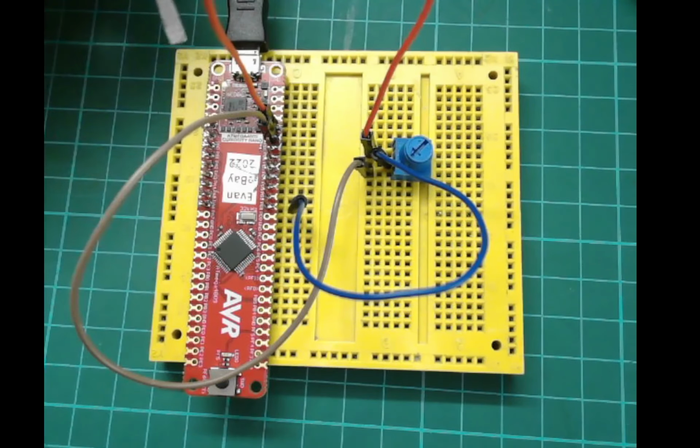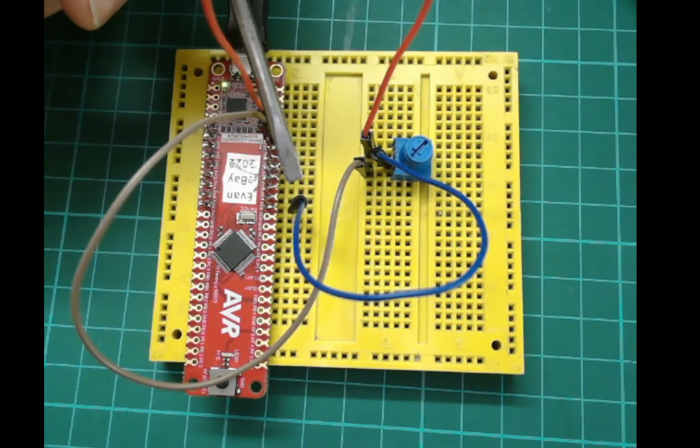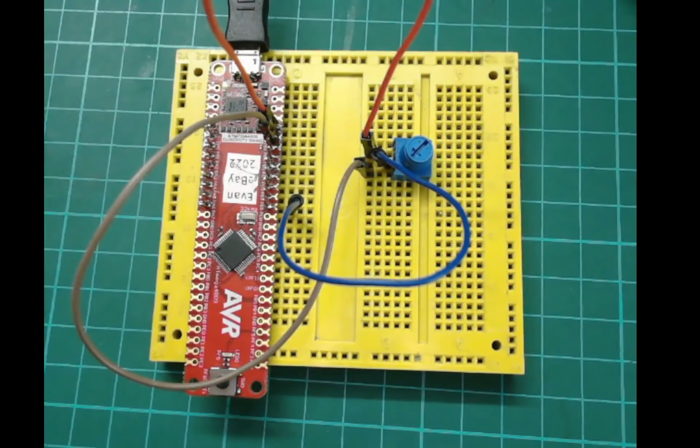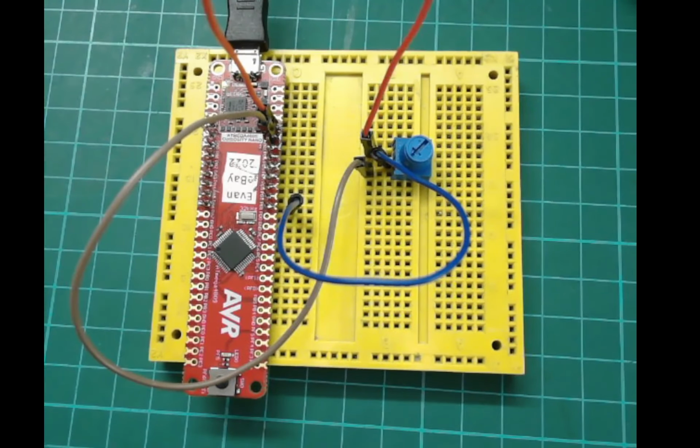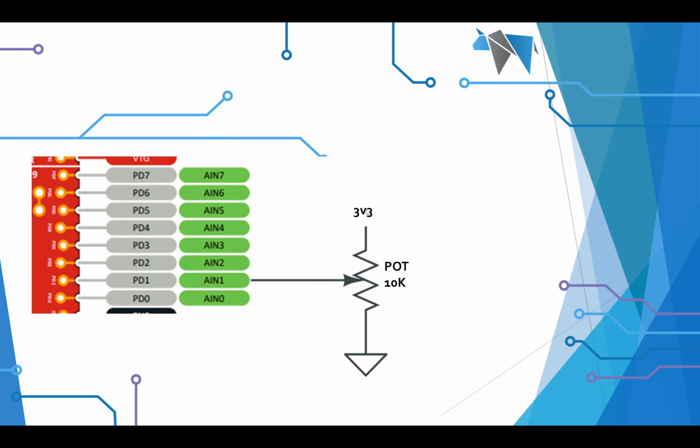I've got a ground to the ground, and this blue wire goes to port AIN1. Does it? Well, we'll see in a moment. And so it works quite well if you know that simple circuit. That simple circuit is a supply, a ground, and take the measurement off the brush. And that will give you the voltage.